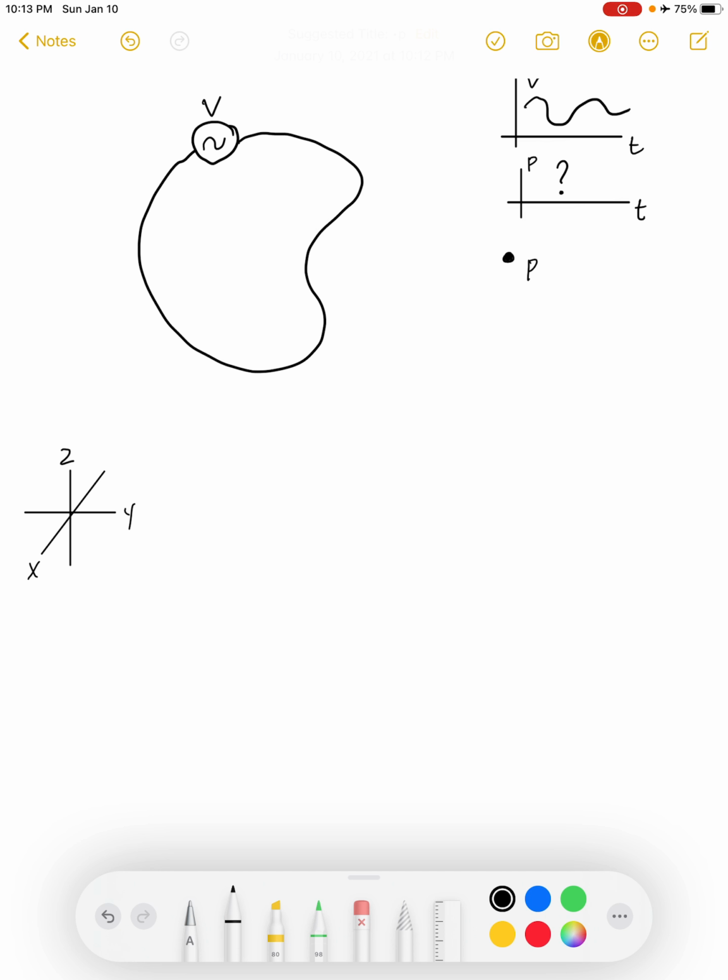So for an accelerating charge, what is the power that it emits? That is the first question we must answer.